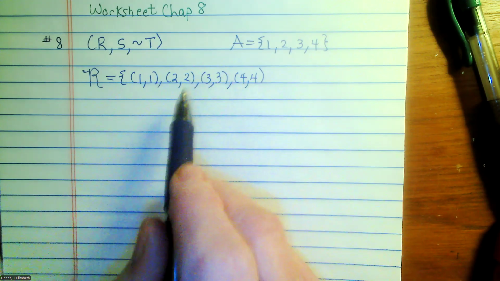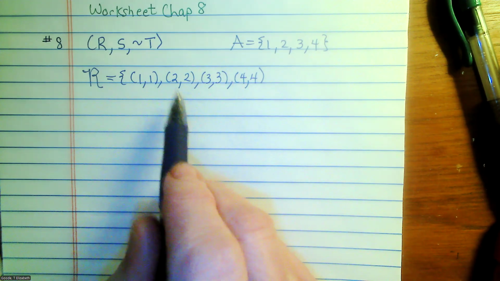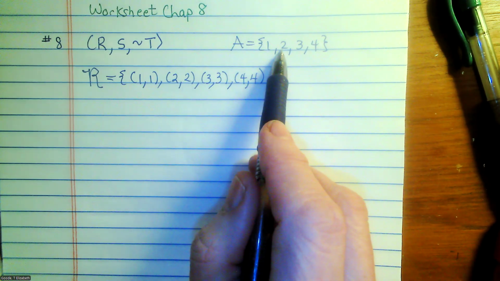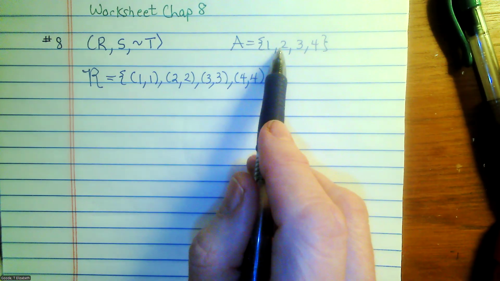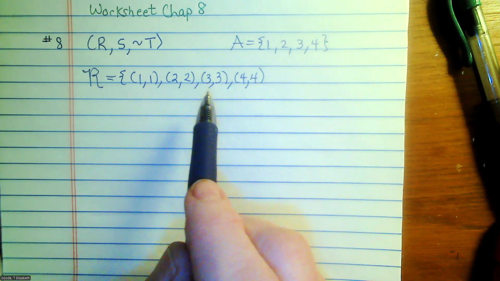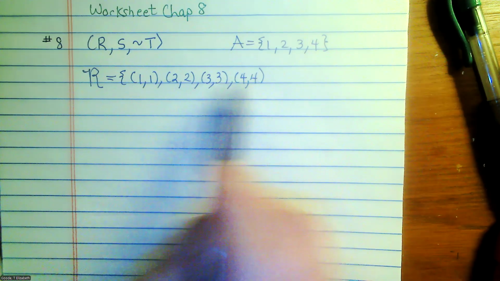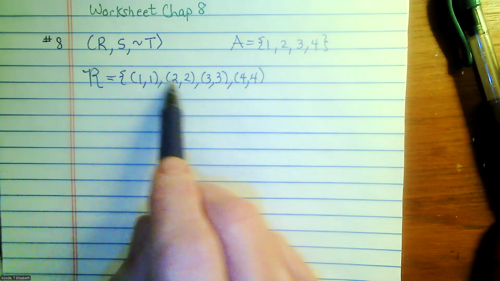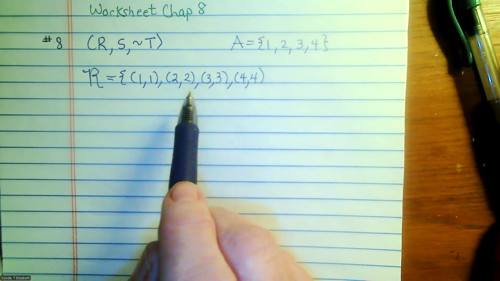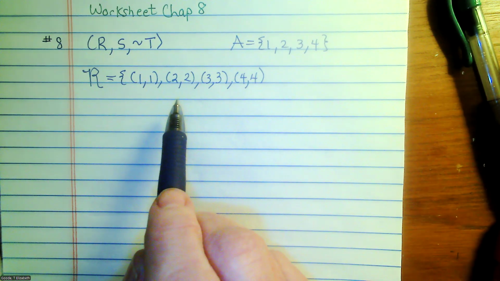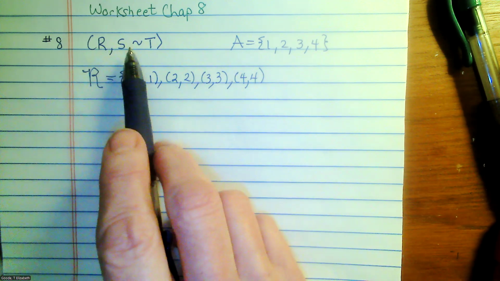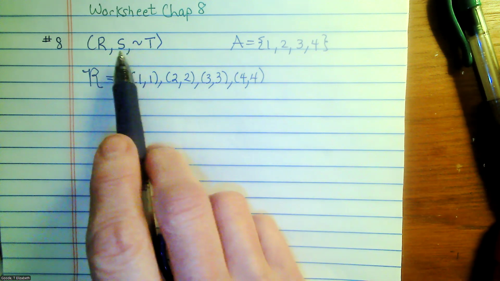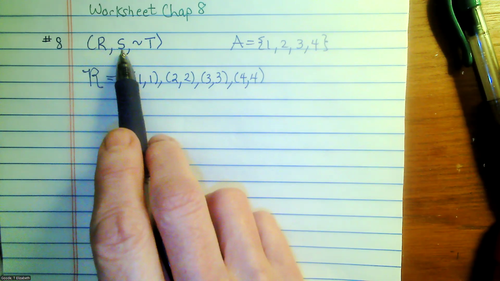We don't have two different ordered pairs where one of the elements of A appears as the second coordinate in the first ordered pair and then appears as the first coordinate in the second ordered pair so we could cross over. So this actually is an equivalence relation, and each of these elements is living in its own private little equivalence class. But we are asked to find a relation that is reflexive and symmetric.